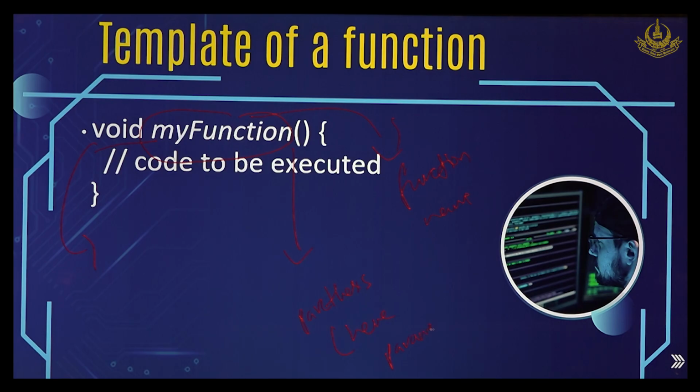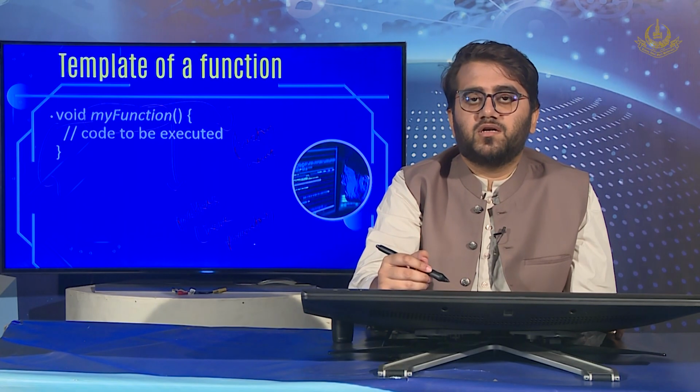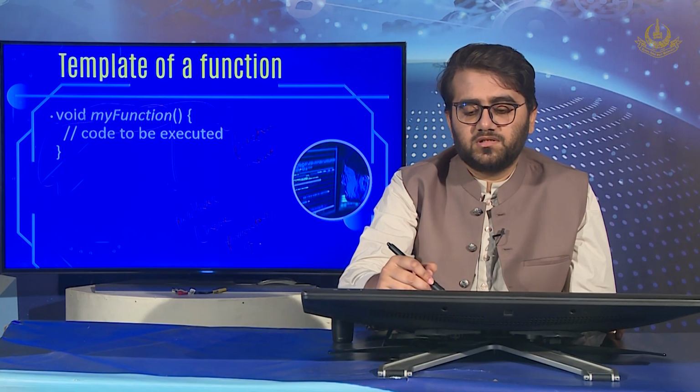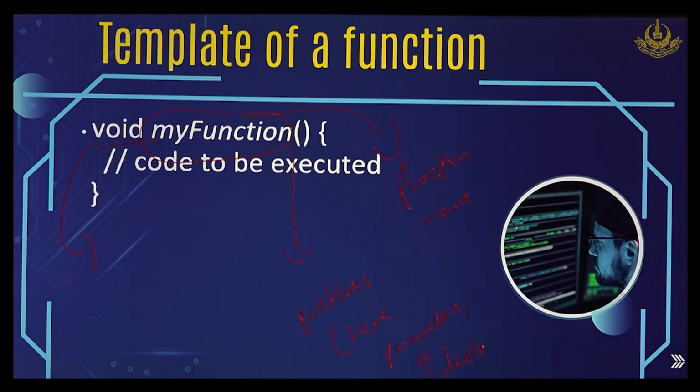If we are just declaring the variables, they are called parameters. However, if we are actually giving them values when the function is called, then we call them arguments.